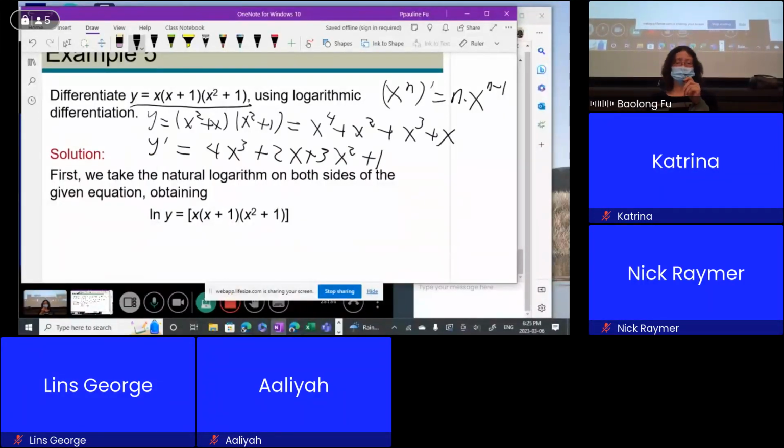You get the answer. Okay, but the question asks you to use logarithmic differentiation. So you cannot do this method. If there is no requirement, you can use this expansion of the original expression.